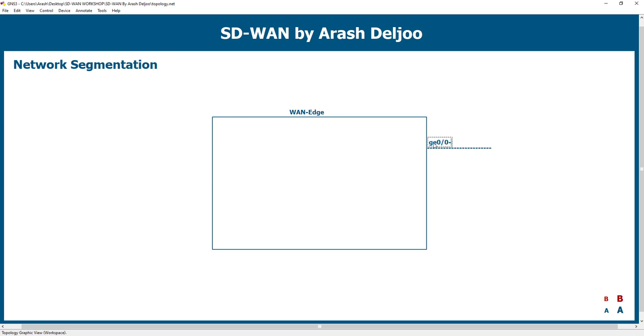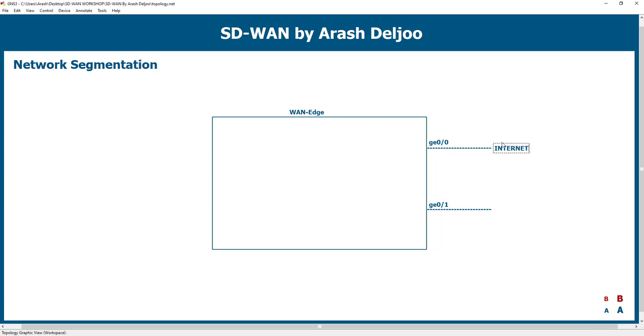It's the label of interface, Gigabit Ethernet 00. And also maybe you have a second interface, GE01. GE00 is connected to the internet transport.